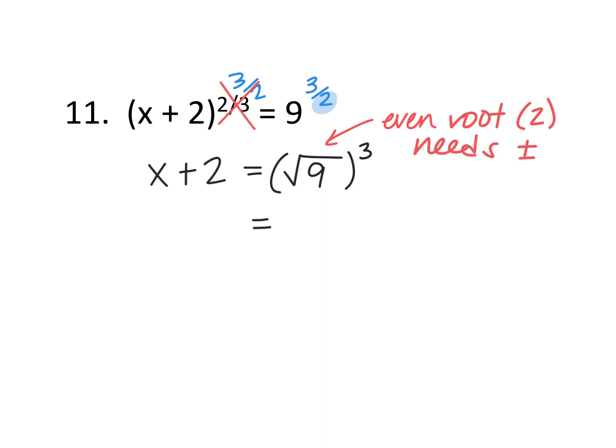Because you're solving an equation, you do have to have the plus or minus. So when I go to actually do this, I'm going to put plus or minus. What's the square root of 9? 3. So you actually have to have 2, which I know is kind of annoying.